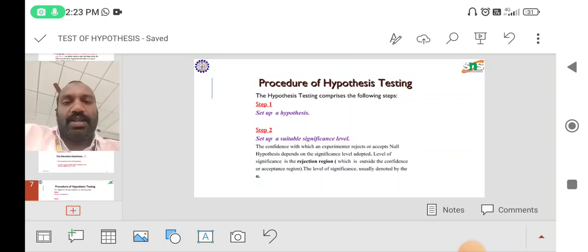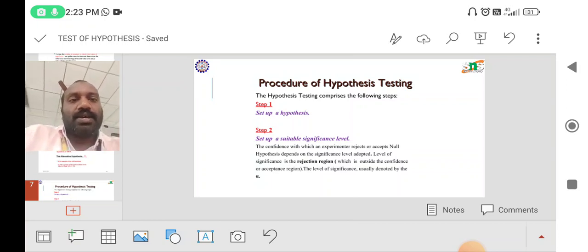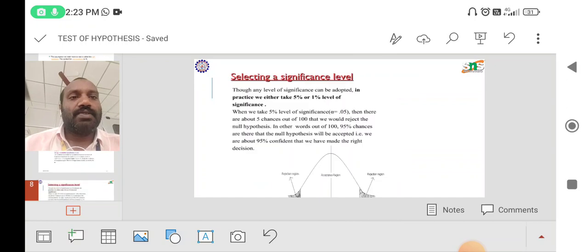The confidence with which an experimenter rejects or accepts the null hypothesis depends on the significance level adopted. The adopted level of significance defines the rejection region. That is very important.